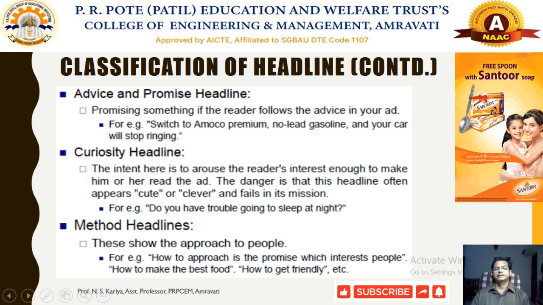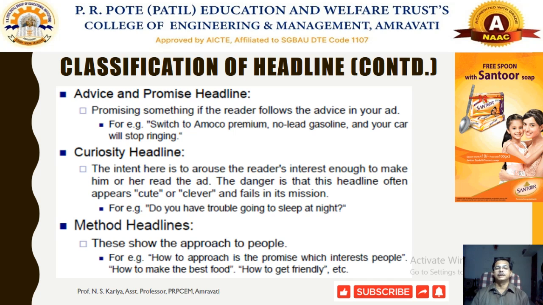Method headline. This shows some approach to the people. This form of headline communicates how you are communicating with the targeted group of customers, or what sort of behavioral aspects are seen in these headlines. How to approach is the promise which interests people.